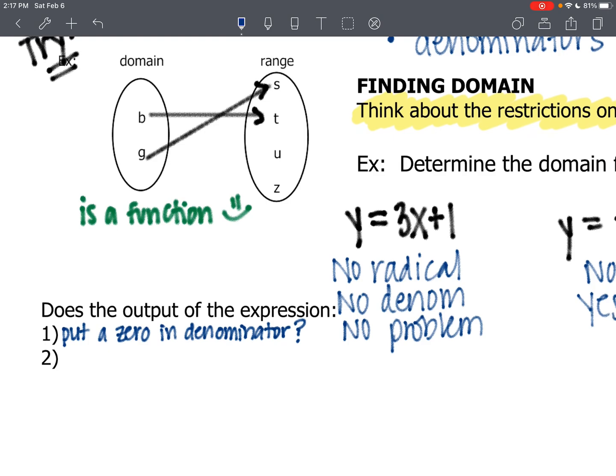Why is a radical a problem? Because we can't have a negative in the radical. I think I should say, does the input of the expression put a 0 in the denominator? Does the input of the expression put a negative in an even root radical?